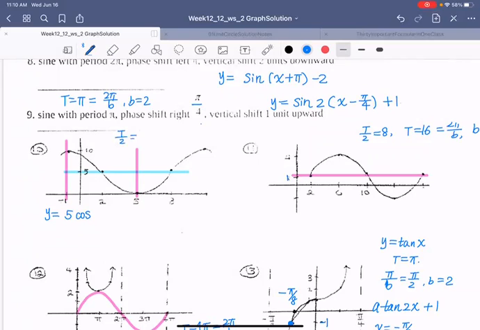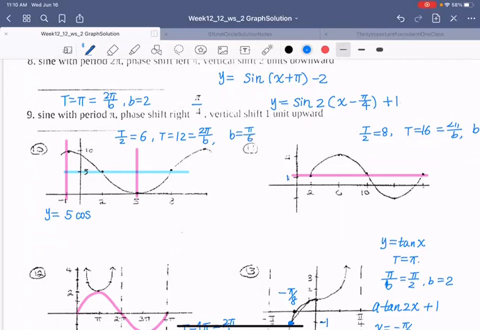So then T equals 12. So 2 pi over b equals 12, so b equals pi over 6.